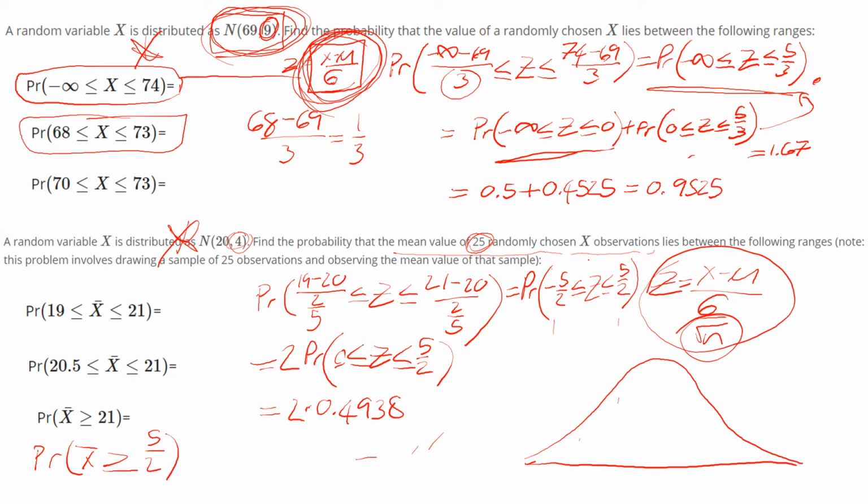What that looks like graphically is as follows. We've got 5 over 2, well, probably about here. And what this problem requires you to determine is the area given over here. In other words, what is the probability that it takes on a value 5 over 2 or greater?